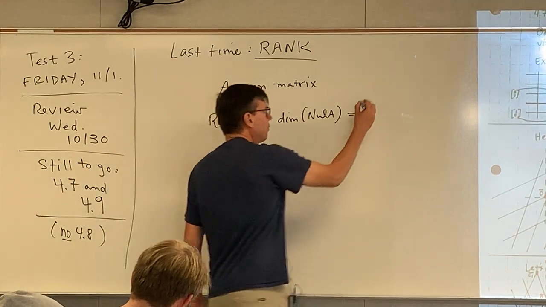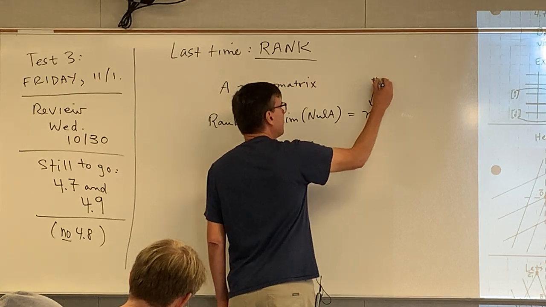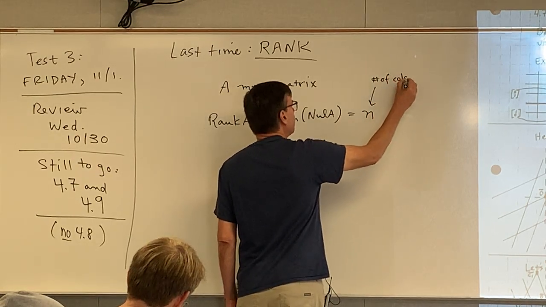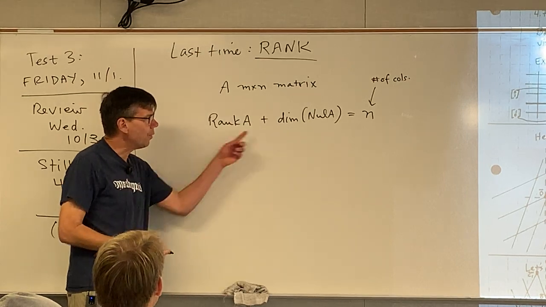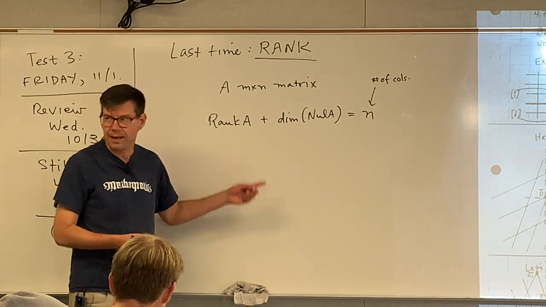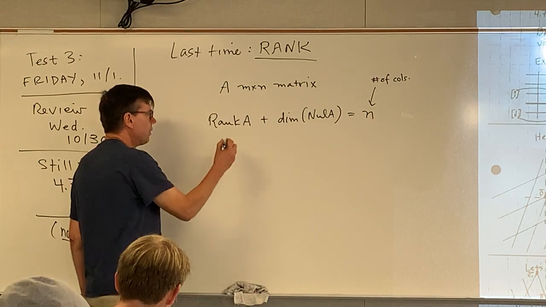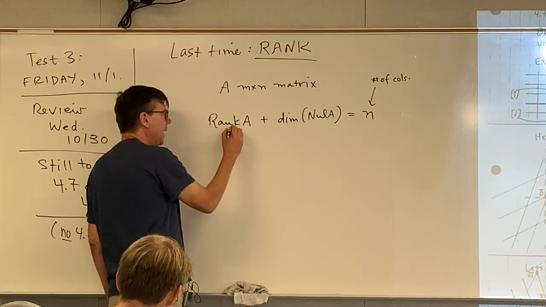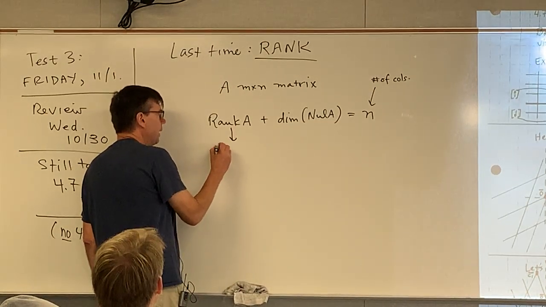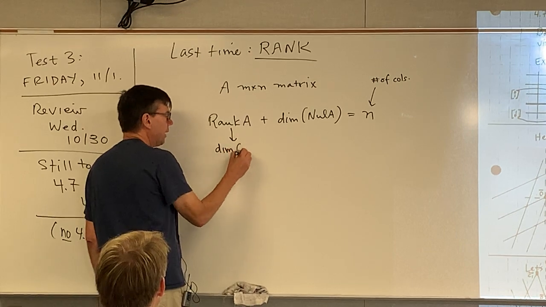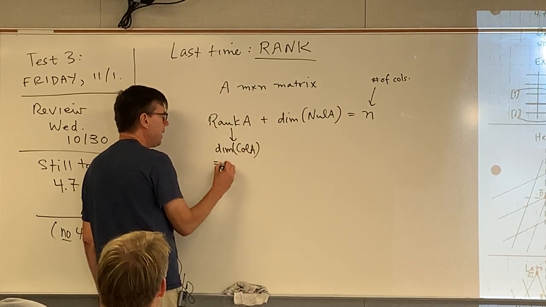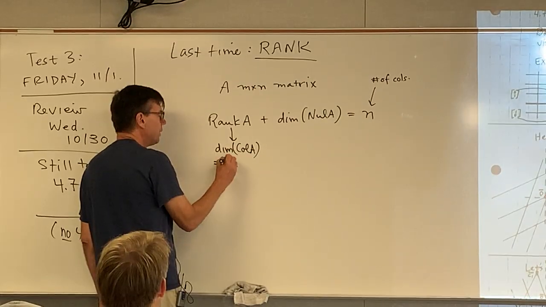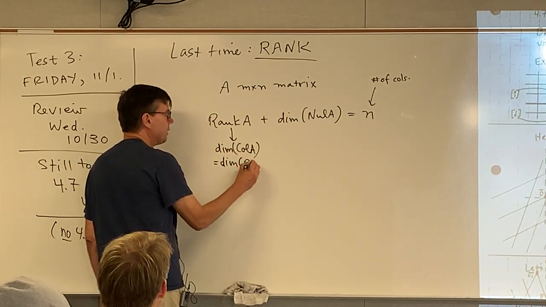N is the number of columns. When we broke that down, it's not that surprising. Now this rank of A, what is that thing? It's the dimension of the column space of A, which is the same thing as the dimension of the row space of A.